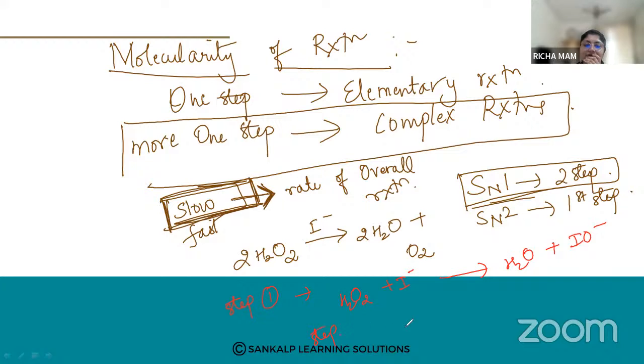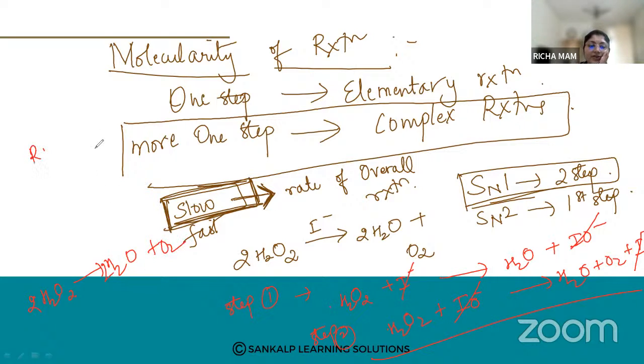In the second step, your H2O2 again reacts with the IO minus, which is formed in the first step, and you get H2O plus O2 plus I minus. So the I minus and IO minus get cancelled. When you write the overall reaction, it will be 2H2O2 giving you 2H2O plus O2. This is the overall reaction.